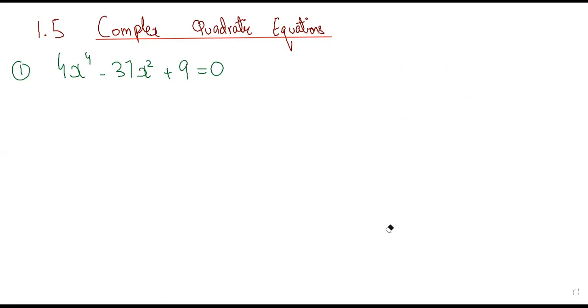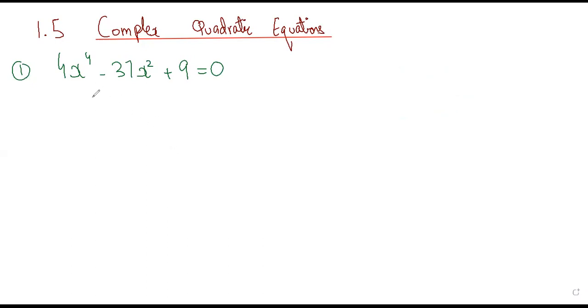But this time around, the highest power of the variable has changed to 4, and still they are saying that it is some sort of a complex quadratic equation. Why? Because I can solve this equation by converting it into a quadratic equation. So let's get started.